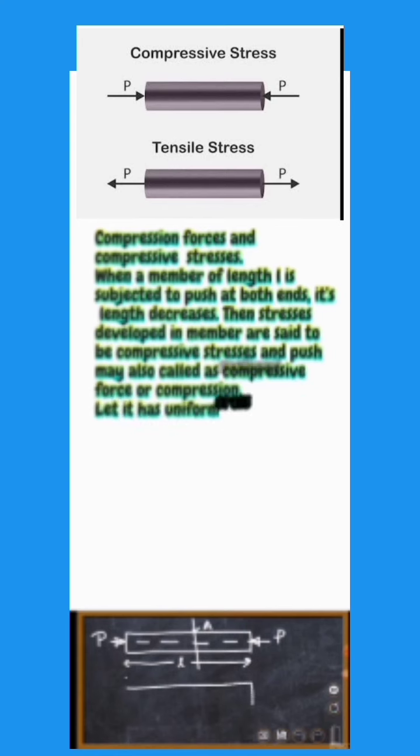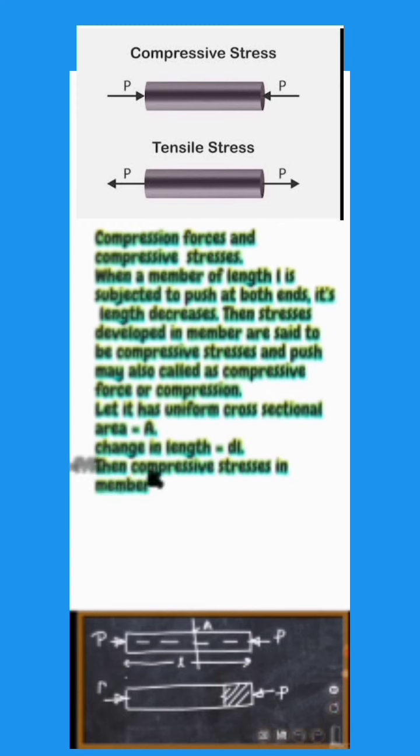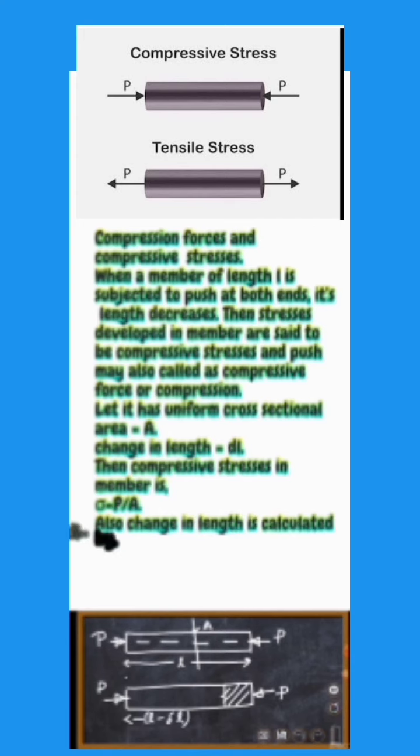Let it have uniform cross-sectional area equal to A. Change in length equals dl. Then compressive stress in member is sigma equals P upon A. Also change in length is calculated by dl equals P into L upon A into E.